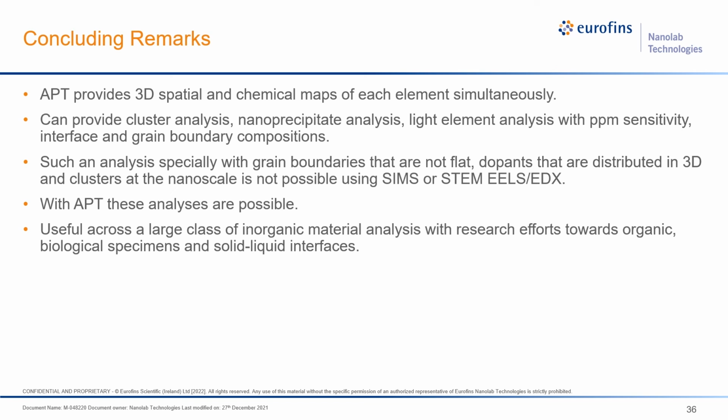And specifically for APT, this analysis is not limited to interfaces or boundaries which need to be flat, or dopants which have to be in 1D or 2D, or even clusters which are nanoscale in all 3 dimensions. All of that analysis is very easily possible using APT.